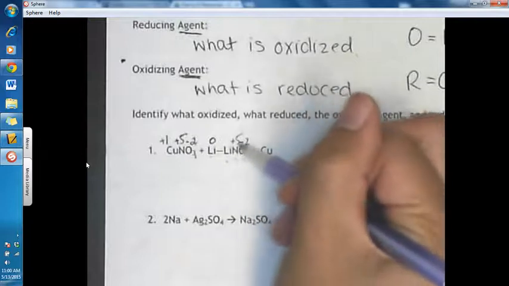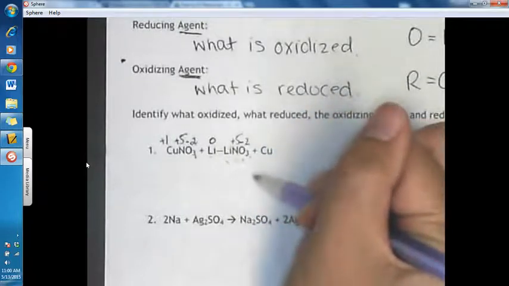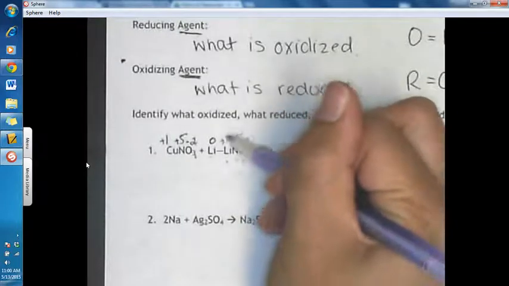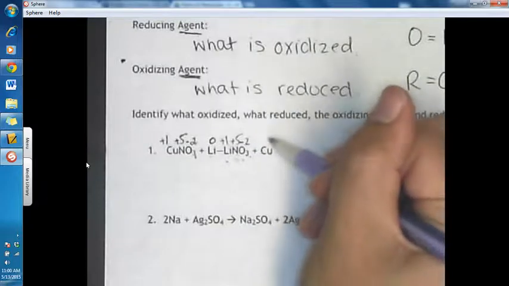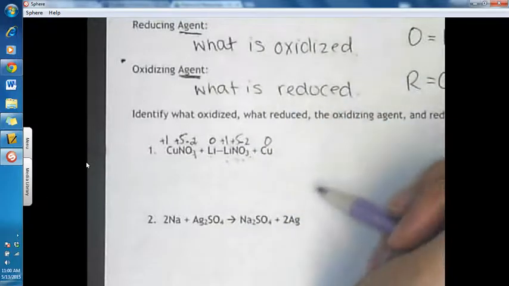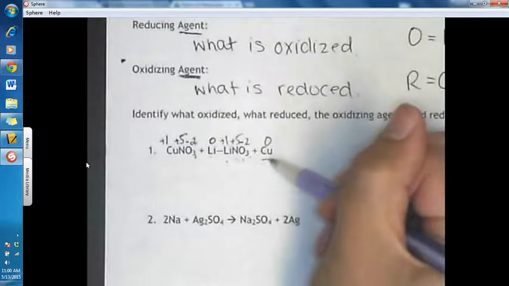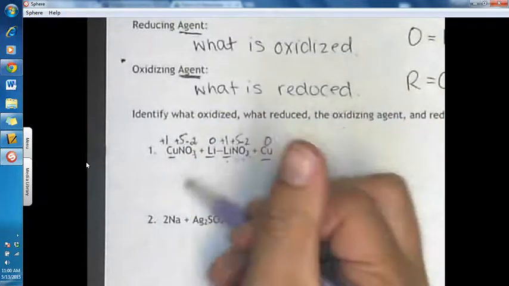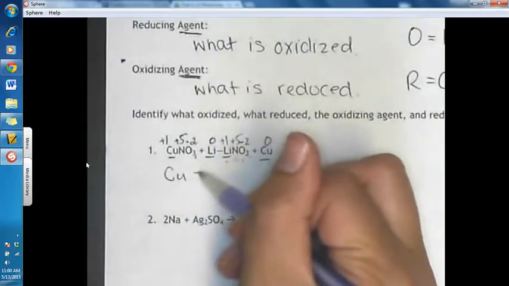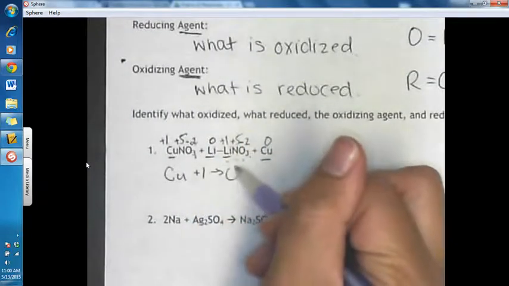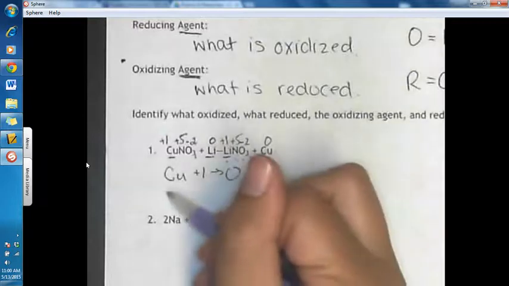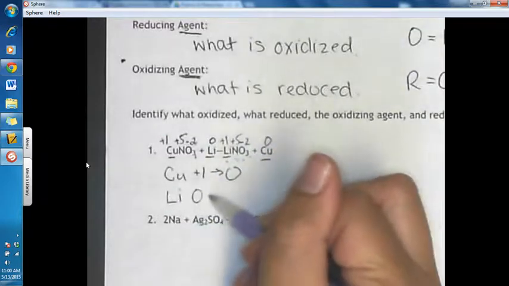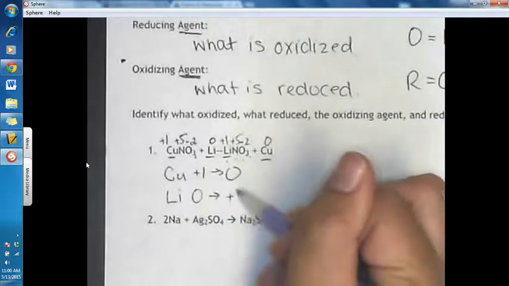Lithium here, to equal out with our -1 charge, is going to have a +1 charge, and copper by itself is going to be 0. So our things that are changing is our copper and our lithium. Copper is going from +1 to 0. Lithium is going from 0 to +1.